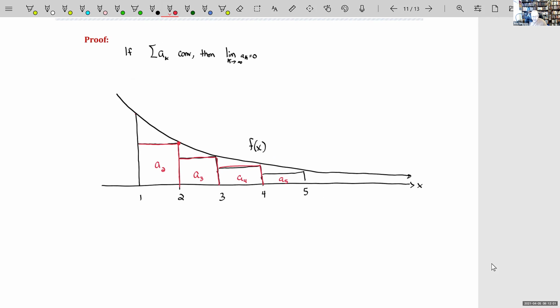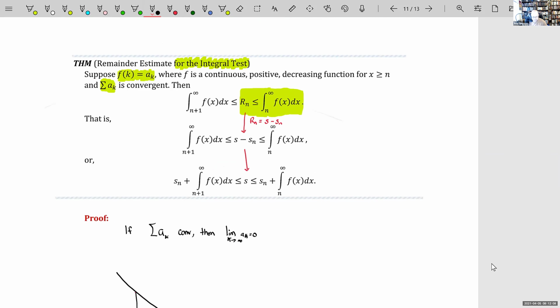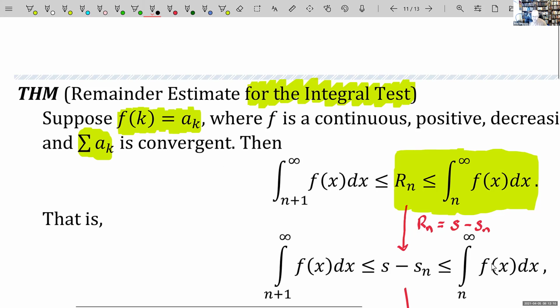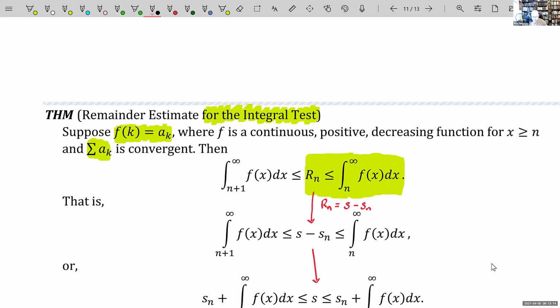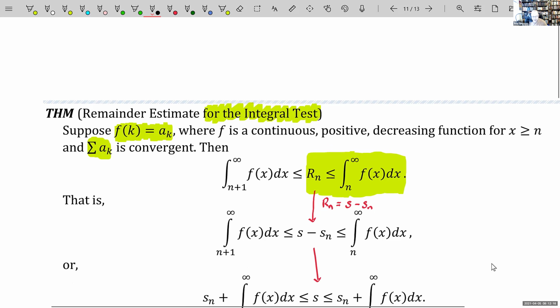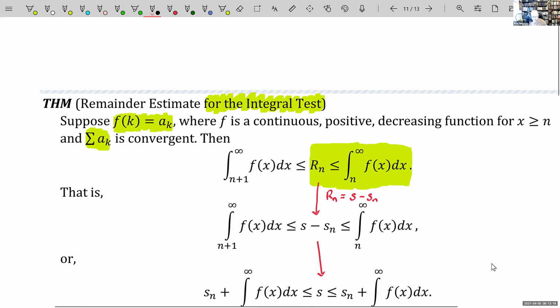Well, if the area underneath f is finite, which we're assuming, that f is a continuous positive decreasing function, and we know that our series is convergent, therefore our integral must also be convergent.